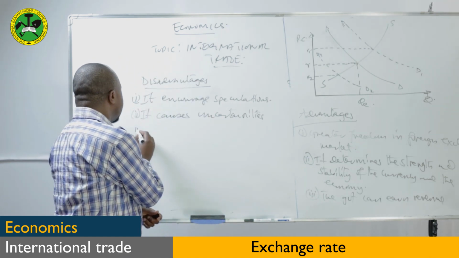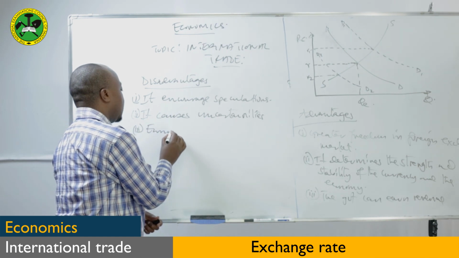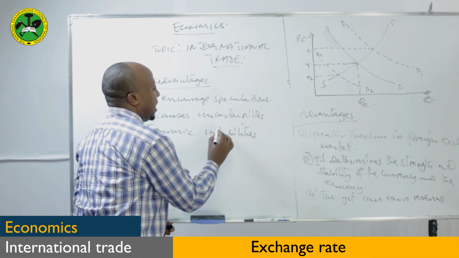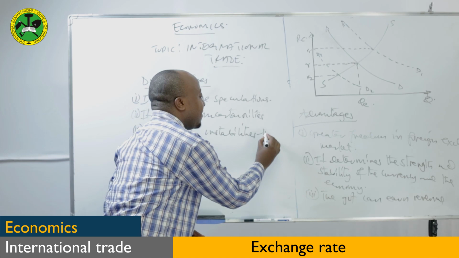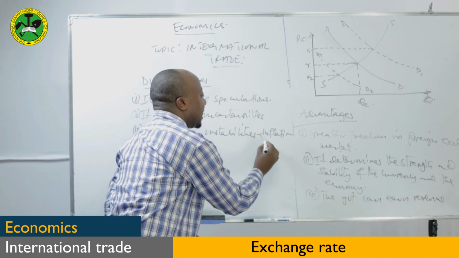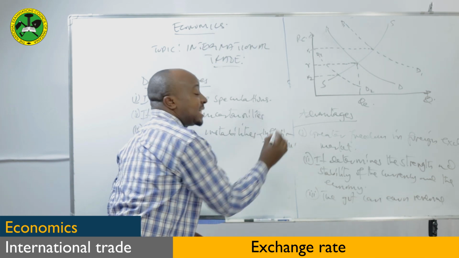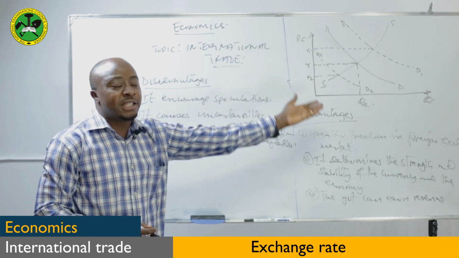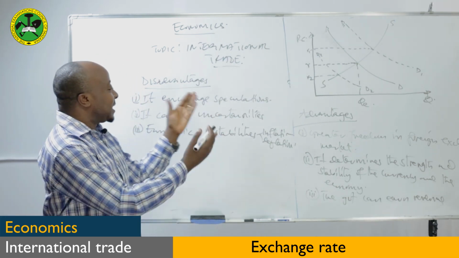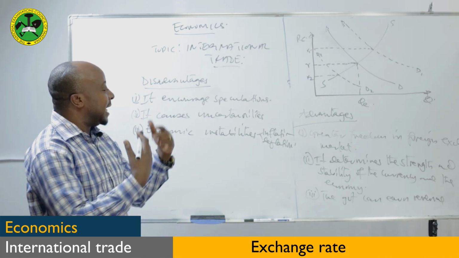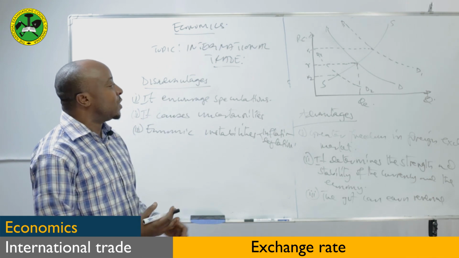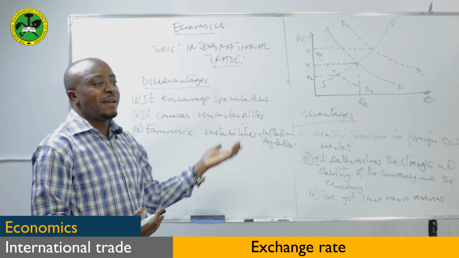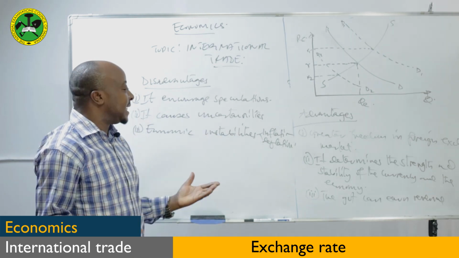Another one, it can cause economic instabilities, like inflation, like deflation, etc. So these instabilities can also occur due to this flexible exchange rate, because we said due to uncertainties in the production, uncertainties in the export, uncertainties in all activities, because demand and supply are the ones which determine the exchange rate, then it is very easy to find instabilities, inflation or deflation, which were not expected in the economy.